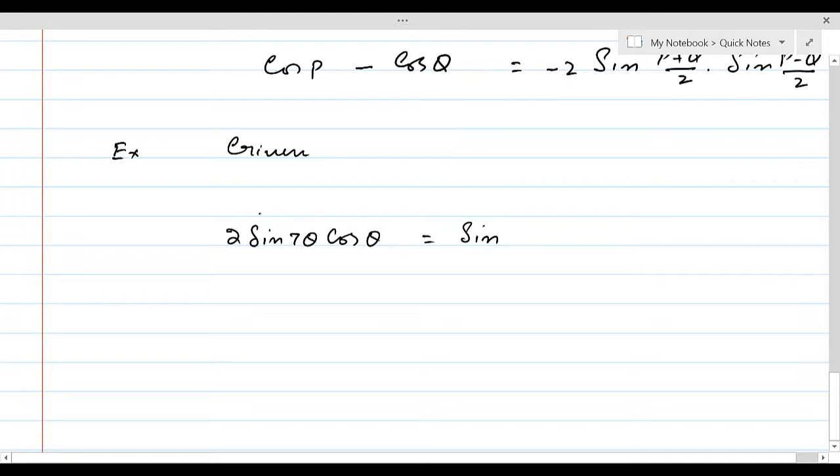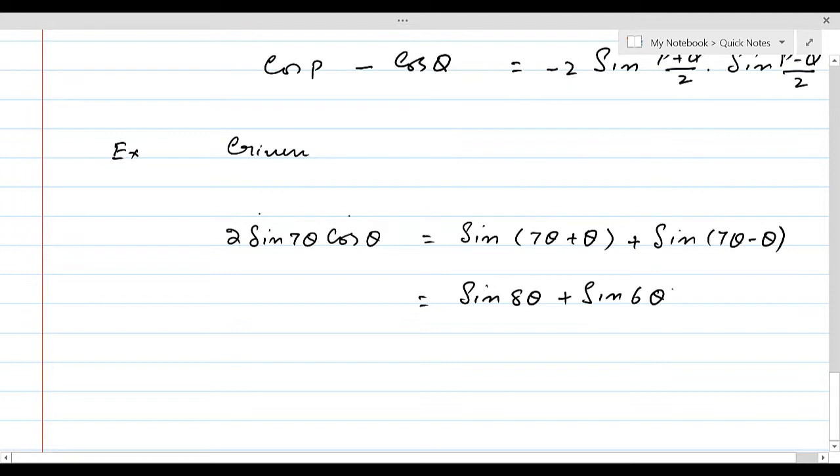Whenever sine is first and cos is second, this is the case of sine alpha plus beta plus sine alpha minus beta. So this will be equal to sine of 7 theta plus theta plus sine of 7 theta minus theta, which is sine of 8 theta plus sine of 6 theta.